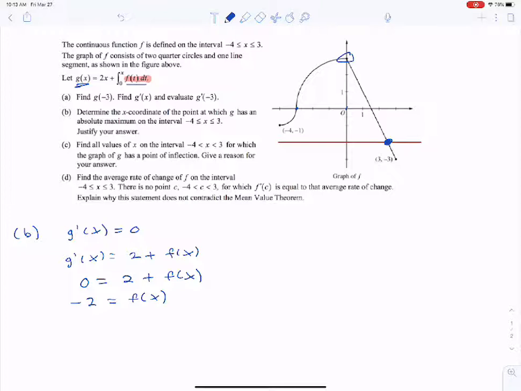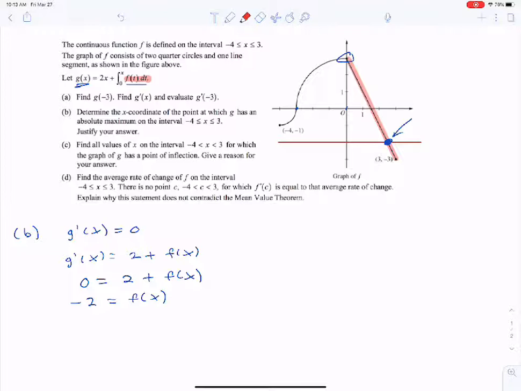Okay, so at this point, our job is literally just to find this, and you may have different ways that you're going to find it. What I'm going to do, honestly, is I'm just going to write the equation. This is for me. Like I said, you may have a different way of doing it. At this point, it's really just an algebra question. I'm going to write the equation of the highlighted line, and then I'm just going to figure out when it equals, what did I say, -2.